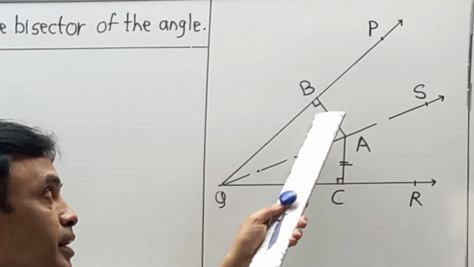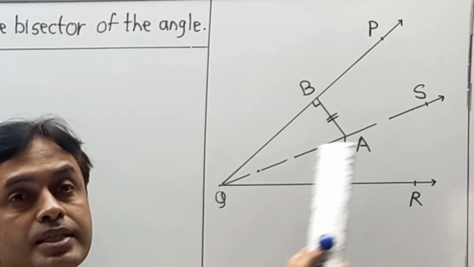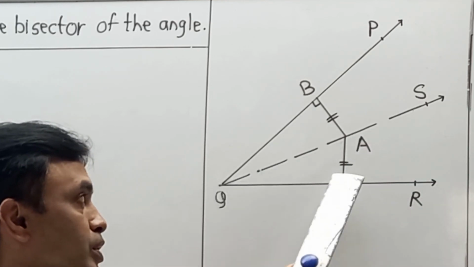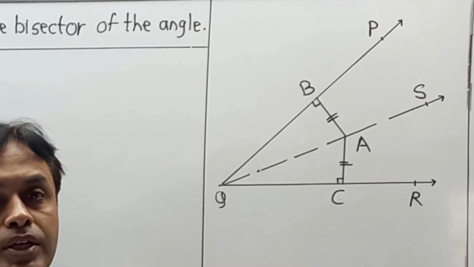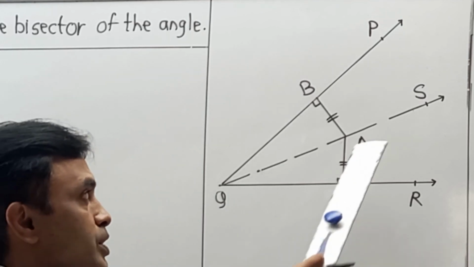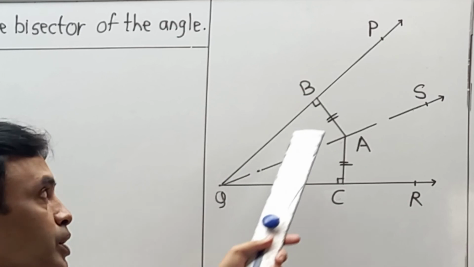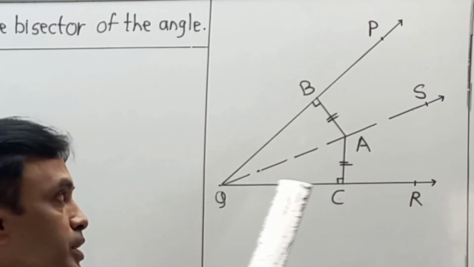Opposite to angle B, BA angle is 90 degree. Opposite to 90 degree, any side we call a hypotenuse in a triangle. Again, angle ACQ is also 90 degree. Opposite to it, AQ is a hypotenuse. Means in triangle ABQ, angle B is 90. Opposite to 90, AQ is your hypotenuse.